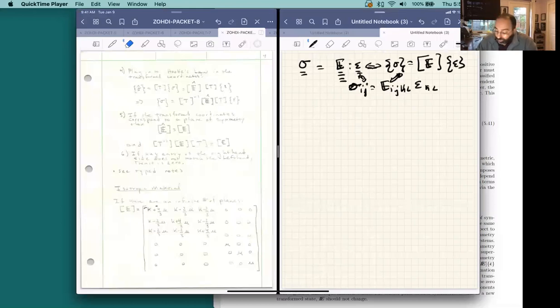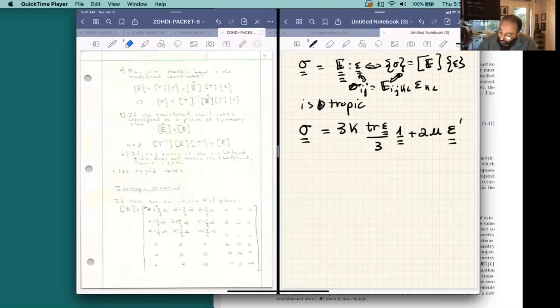Now, when the material is isotropic, we get some simplifications in writing all of this. For example, when it's isotropic, we can rewrite this as 3 kappa times the trace of epsilon over 3 times the identity matrix plus 2 mu epsilon prime.